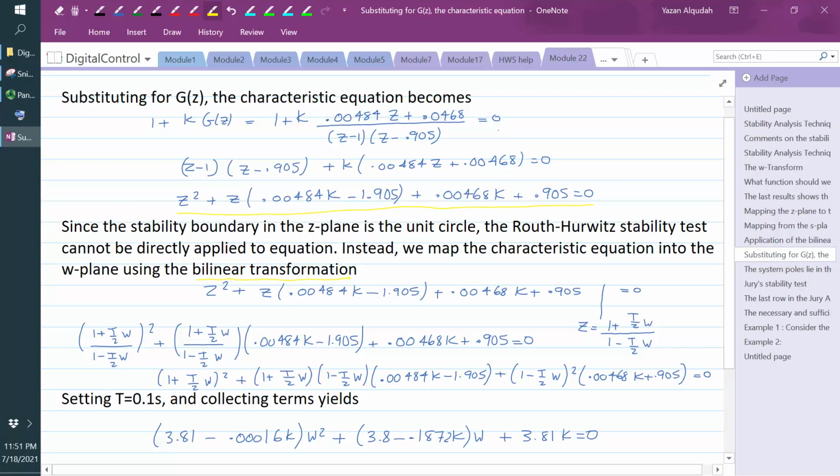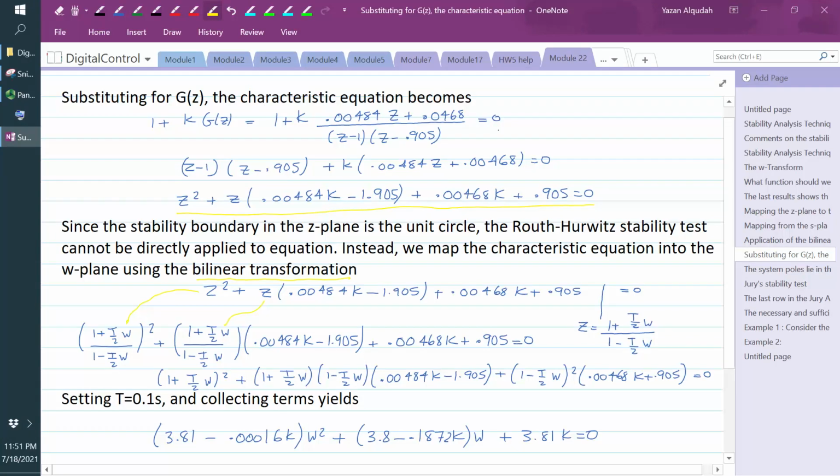I'm going to take Z and replace it with 1 plus t over 2 multiplied by W, over 1 minus t over 2 multiplied by W. So every Z is going to be replaced by 1 plus t over 2 multiplied by W over 1 minus t over 2 multiplied by W.